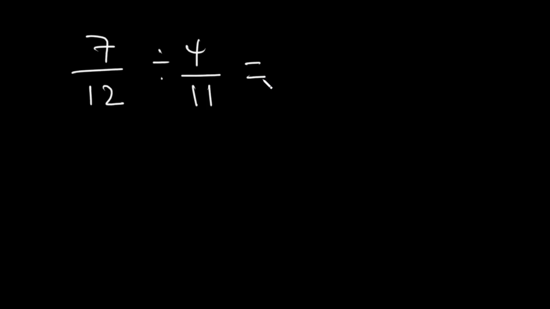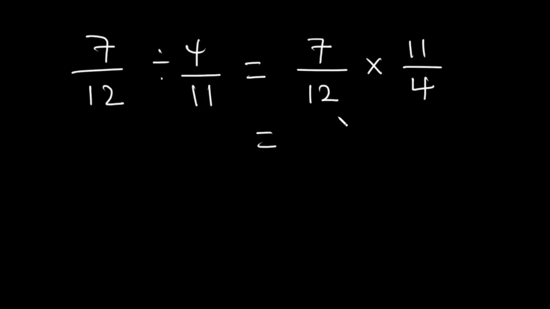Now let's try another example. What is 7 over 12 divided by 4 over 11? Now, using keep change flip, it's going to be 7 over 12 times 11 over 4.